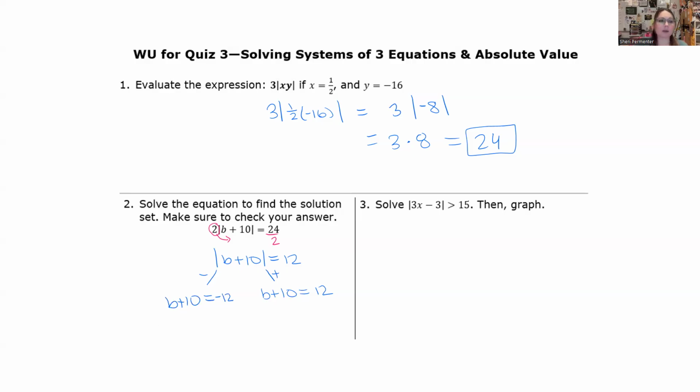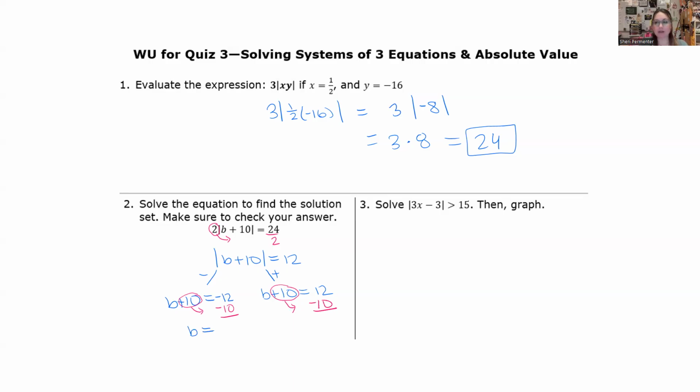From here, it's a one-step equation to get b by itself. What do I need to do with that 10? Yeah, so I'm going to take the 10 to the other side by subtracting 10. So on my negative branch, what's negative 12 minus 10?